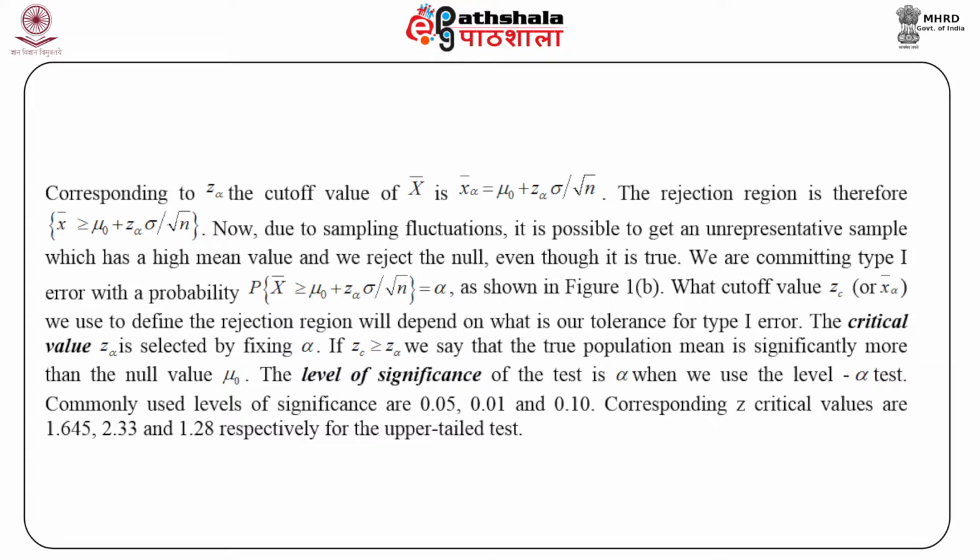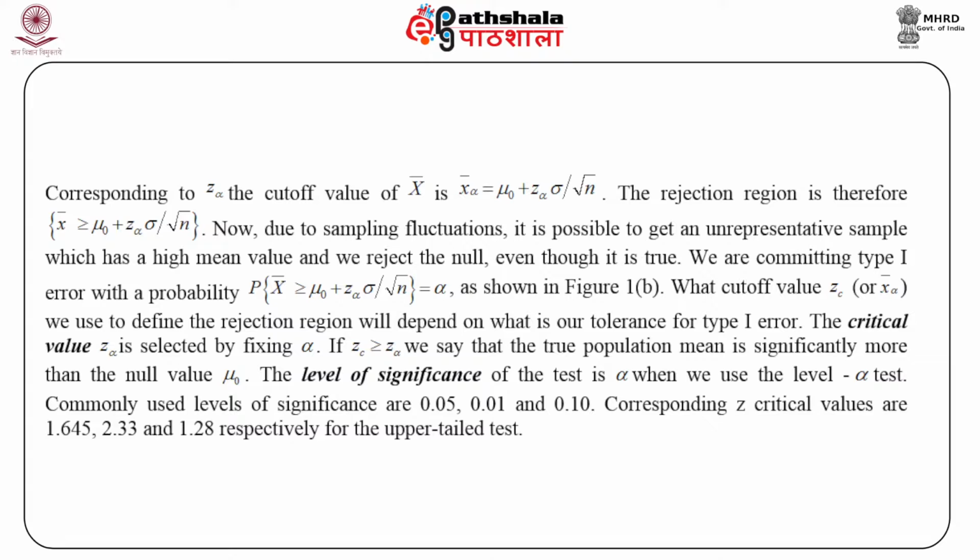So, what cutoff value of Zc or x alpha bar we use to define the rejection region will depend on our tolerance for type 1 error. The critical value Z alpha is selected by fixing alpha.